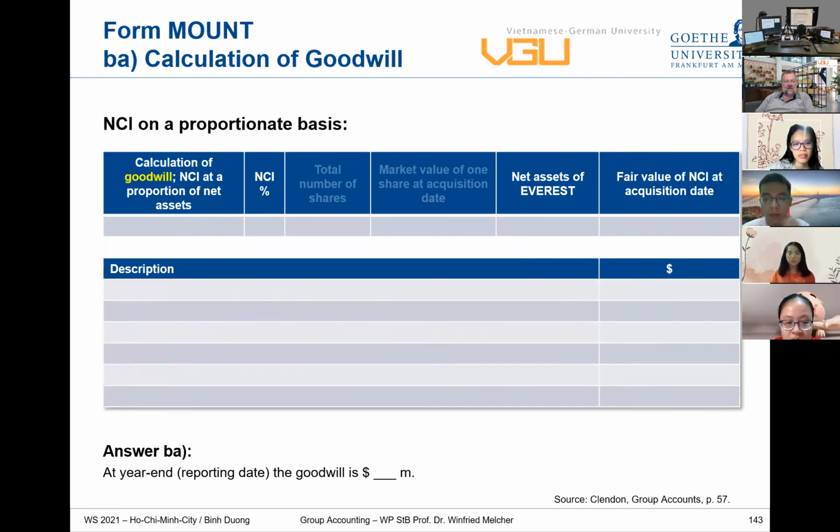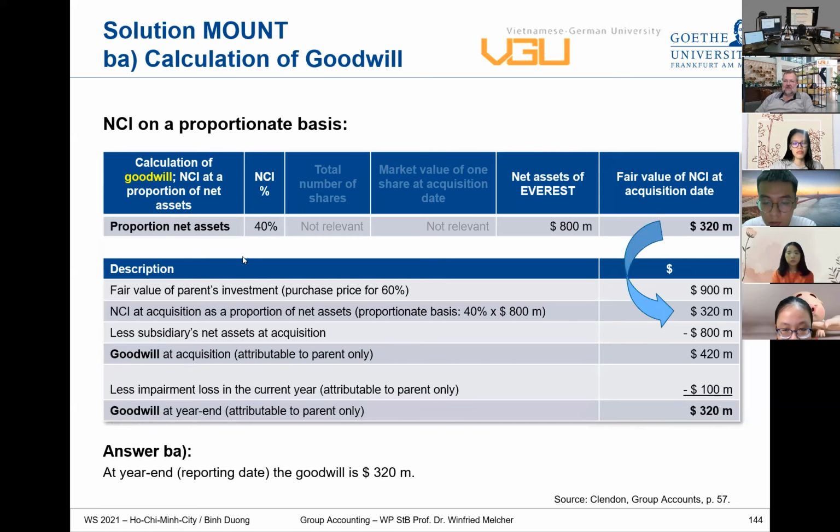Now we can do the whole calculations we just did in the last three tables with the next three tables. But here we will not use the fair values of NCI. We will use the proportionate basis for NCIs. So we will just start with a percentage of NCI, which is 40%.